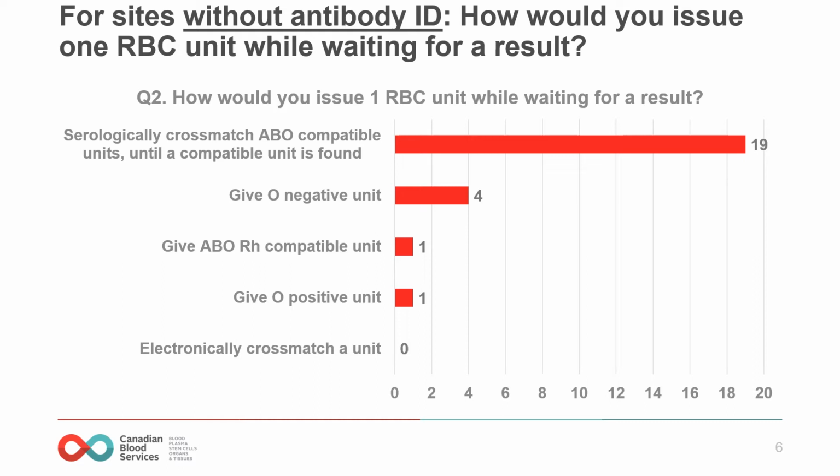Most of the responders got the right answer: they'll give serologically cross-match ABO compatible units until a compatible unit is found. The rest of the responders need to really cross-match the units before they find a compatible one because of the possible underlying alloantibodies on those units.